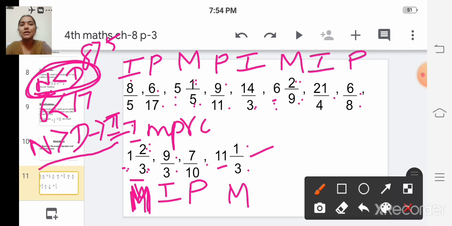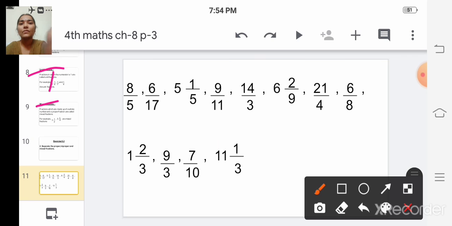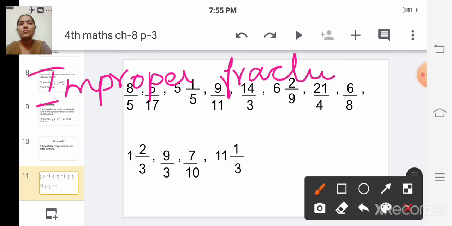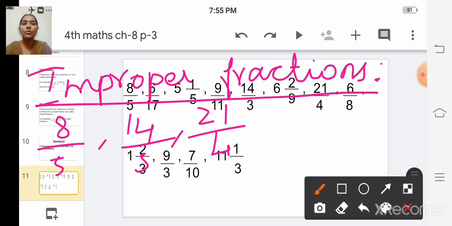You have to write improper fractions, and below that you have to write 8 divided by 5, and 14 divided by 3, 21 divided by 4, 9 divided by 3. Like that you have to write.